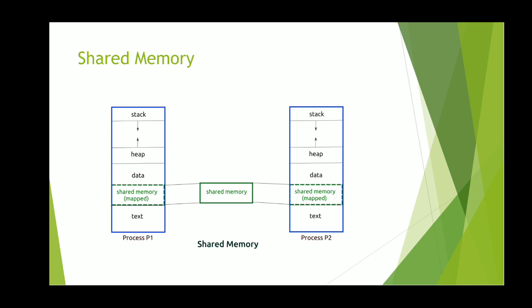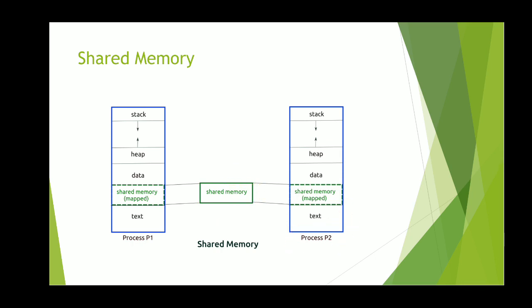Suppose process P1 needs to communicate with process P2. Process P1 will write some data into the shared memory segment which it wants to communicate. After P1 writes the data, process P2 will read the data in the shared memory segment, because this shared memory segment is also mapped to process P2.